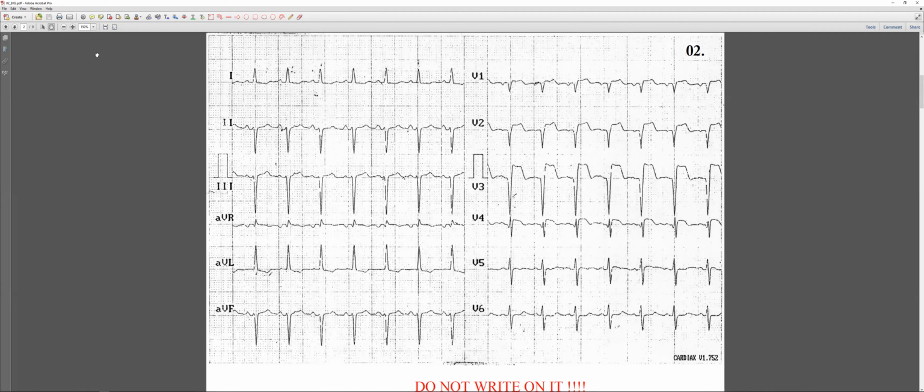Not left. It's the right ventricle. Yes, that's a right ventricular hypertrophy.